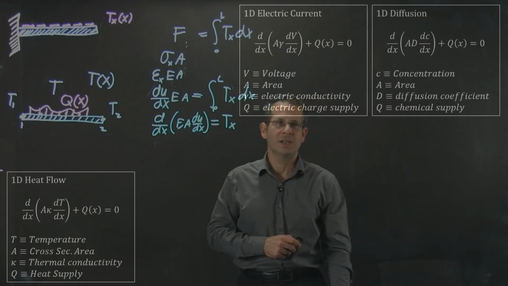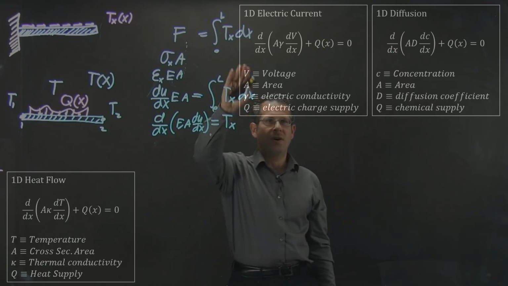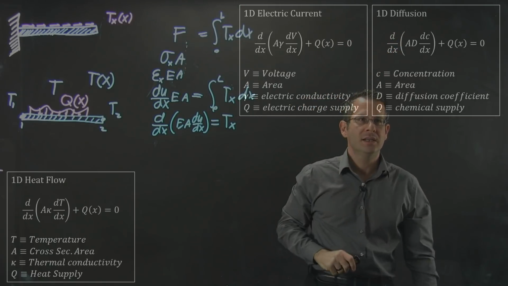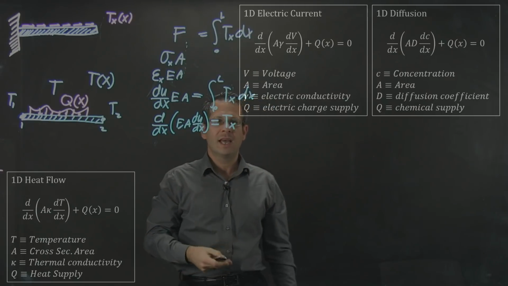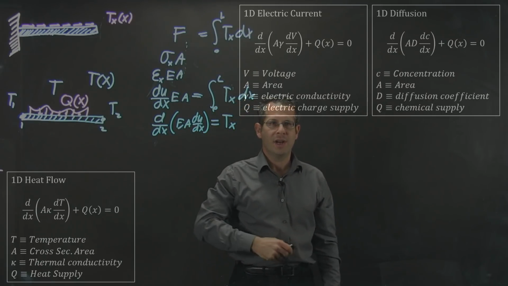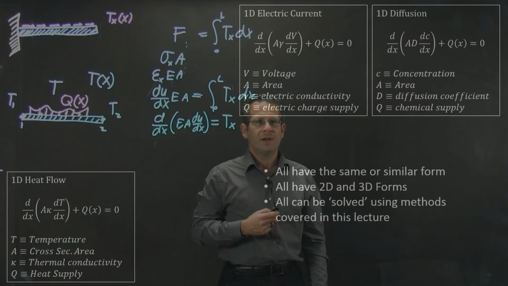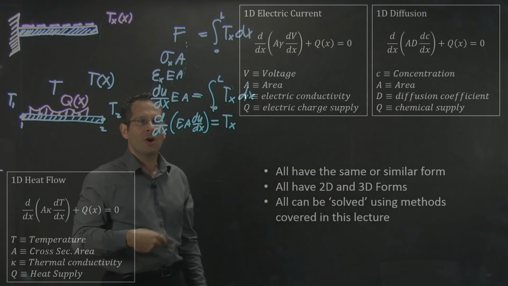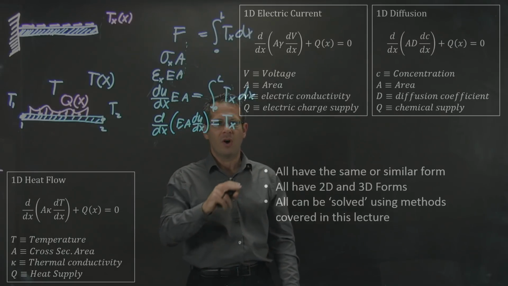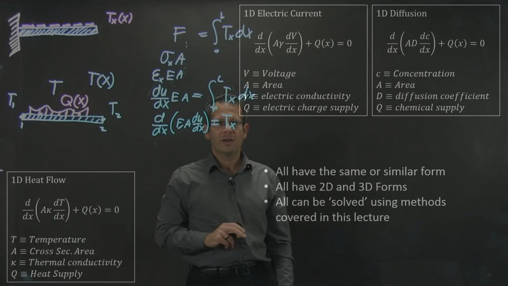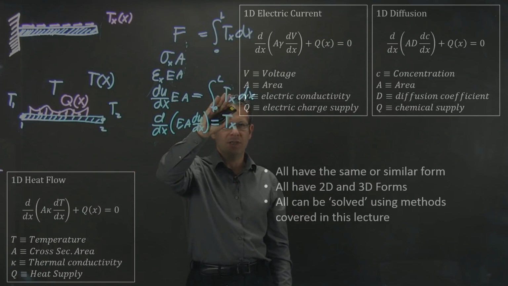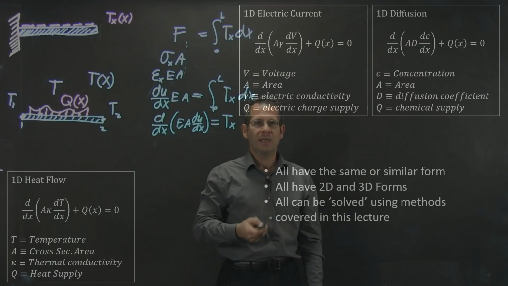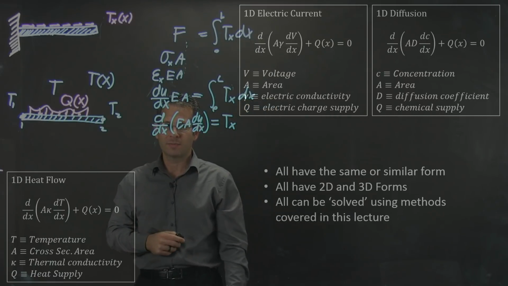There are other differential equations, such as those that involve a 1D electrical current and also 1D diffusion of some chemical, say a chemical being diffused down a narrow river. Notice that all of these differential equations have similar form. There are also 2D and 3D forms of all of these differential equations. And all of these different types of differential equations can be solved, or approximate solutions can be found, using the methods that will be covered in this lecture.